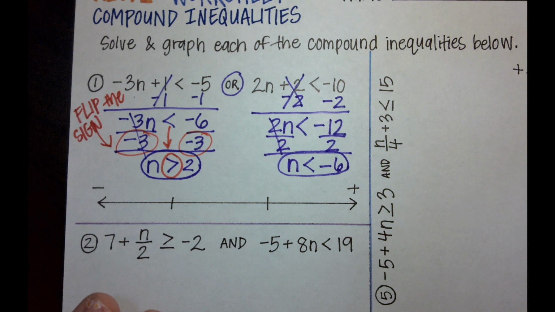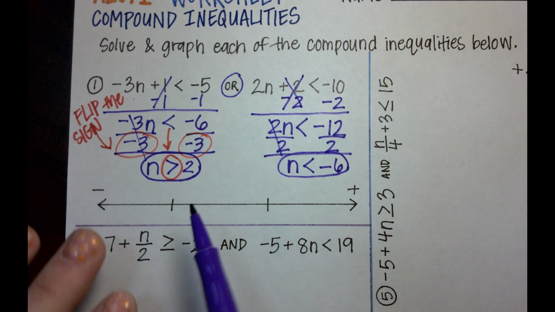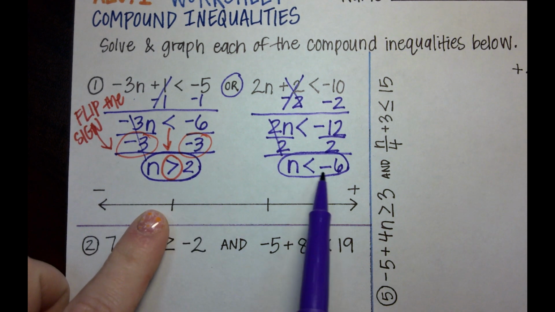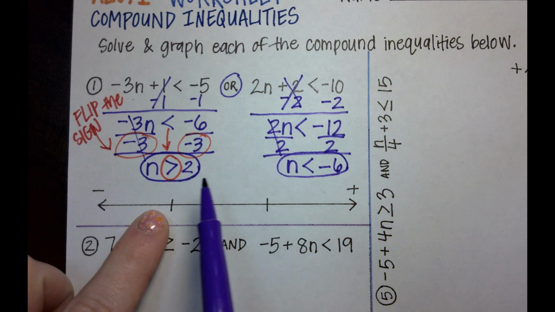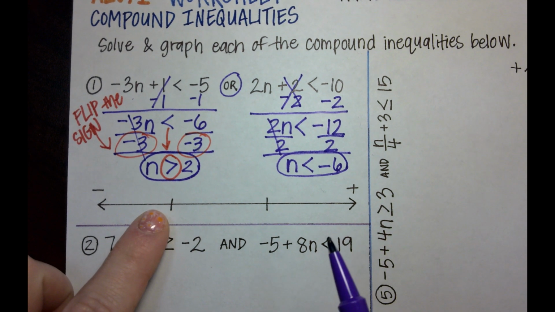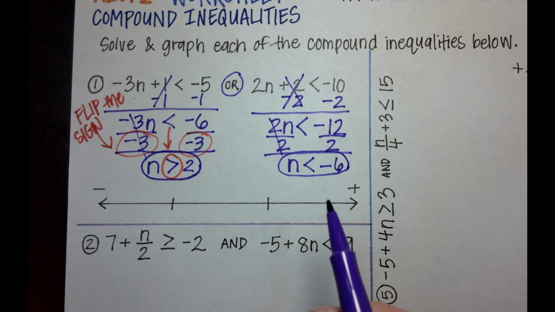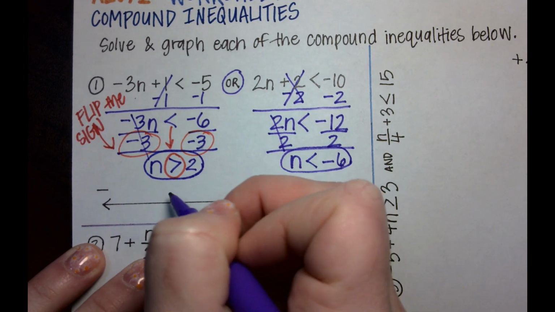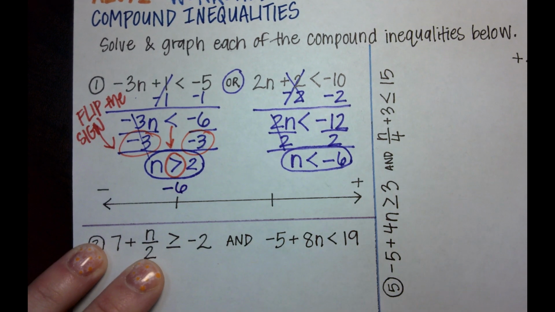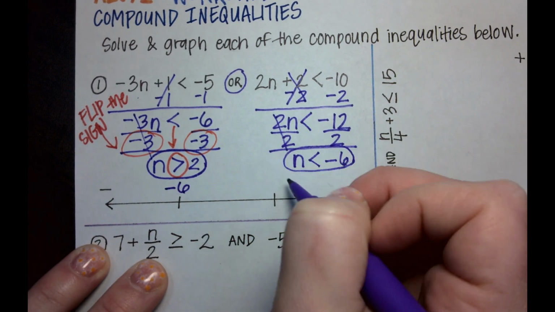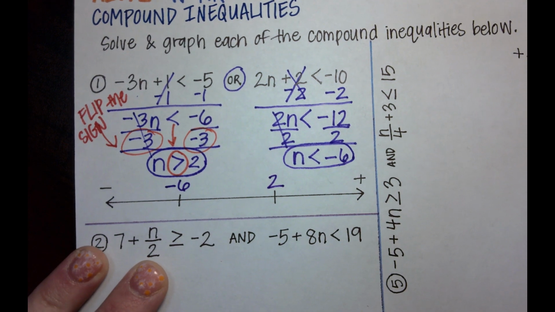Put the smaller number towards the negative. Good. We want to decide which of these two numbers is bigger, which is smaller. Which one is smaller? Negative 6. So it comes first. Smaller number goes first. And that means my other number, 2, goes second.